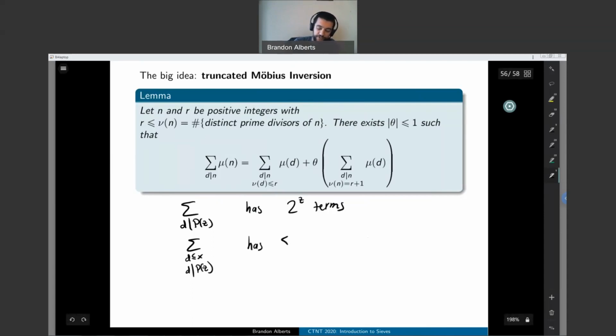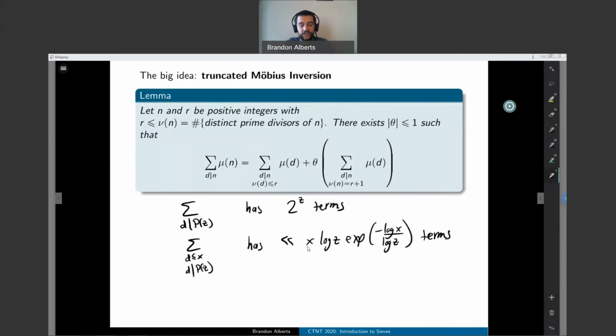We went through using Rankin's trick and showed that the number of terms in this sum is at most this many. That's a bit better. In terms of z, z doesn't affect the growth as much, but it's really close to x. We can only get a small savings on x to the 1 with a sum of this size.